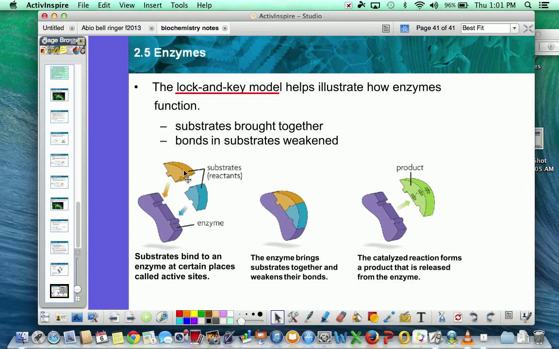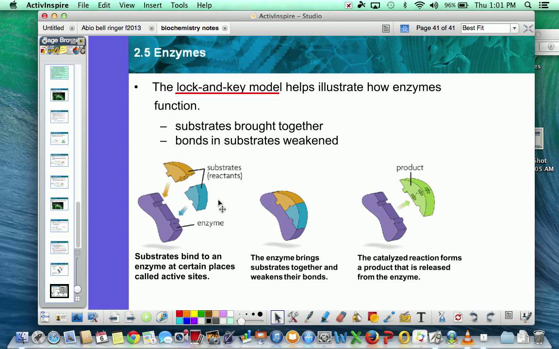And that's what they're kind of talking about here. So an enzyme will work with only very specific substrates. And how that works is the substrates would come in, bind at the active site, chemical reaction takes place, and then the product is released from the enzyme, and this enzyme goes off to do more work. So it's completely unchanged or unaltered in the whole chemical process.